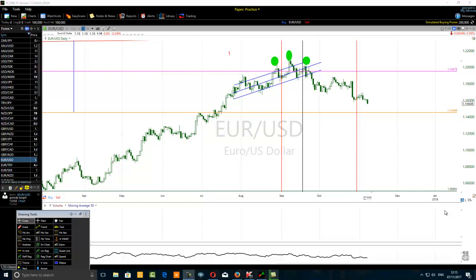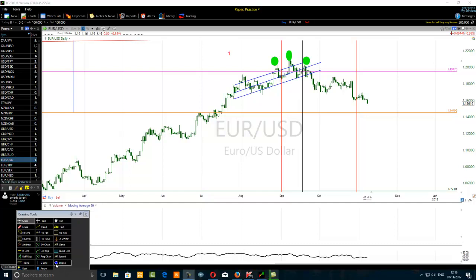Technical traders are very obsessed with leading technical indicators, but there are many advantages to using lagging ones. But today we are not talking about lagging technical indicators, we are talking about lagging a price structure using currency correlation. So let me explain myself one more time.